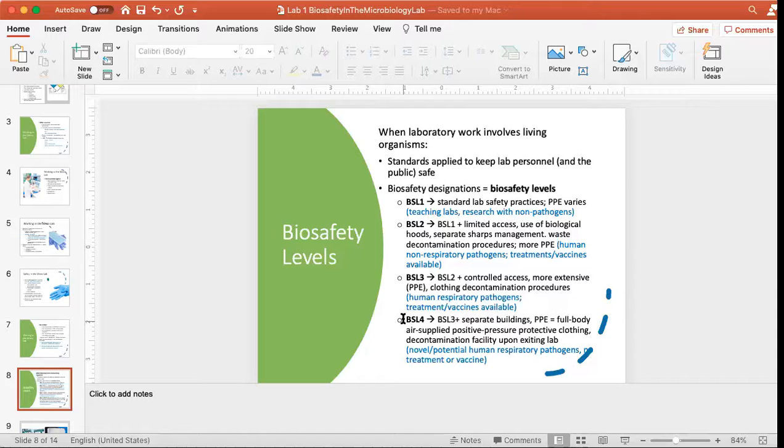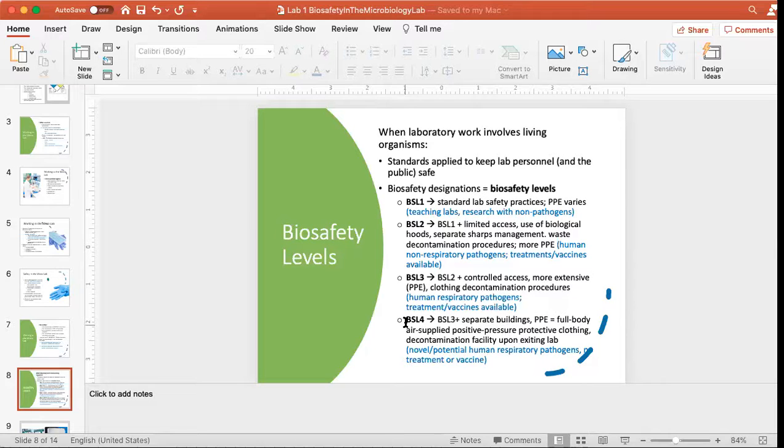The difference between these two labs is that a BSL-3 lab can handle respiratory pathogens, but we have to have either a treatment or a vaccine available for that pathogen. So a BSL-3 lab could handle, for example, the influenza virus. Maybe they do experiments on the influenza virus. We don't have a specific treatment for influenza, but we do have a vaccine for it.